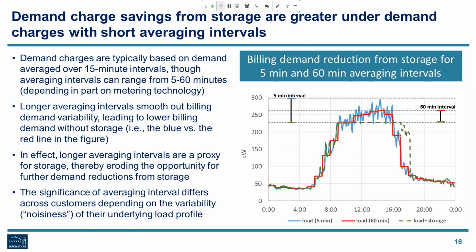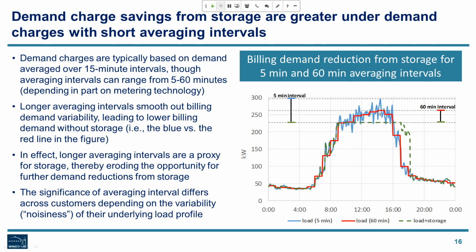In the figure here on the right, we see the customer's load averaged over 5-minute intervals in the blue line and over 1-hour intervals in the red line. The dispatching of the storage is exactly the same, shown in the green line, but the resulting demand charge savings are lower with the 1-hour window than the 5-minute window. And that's what we see here.